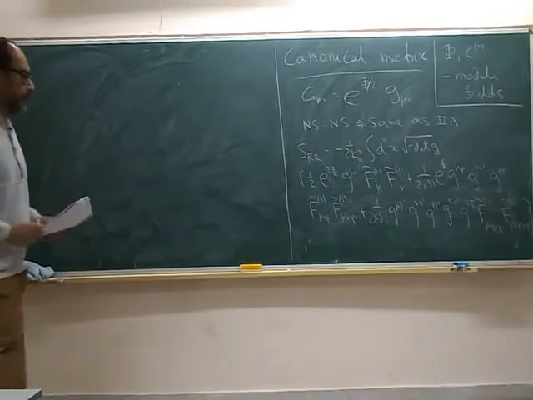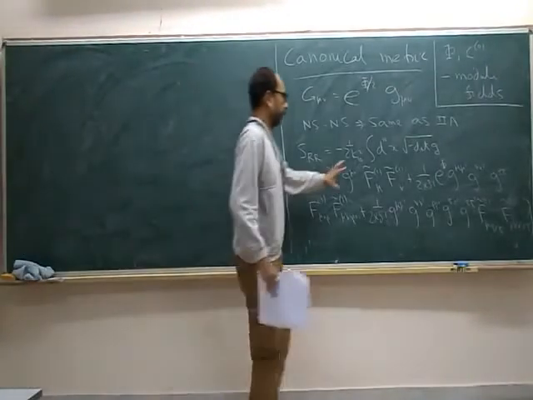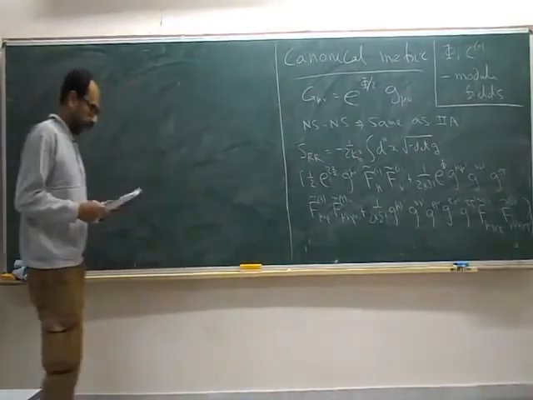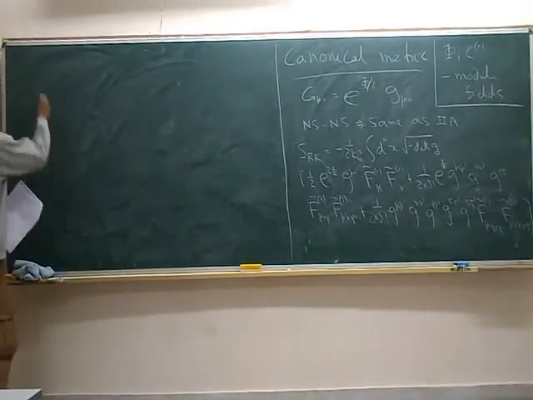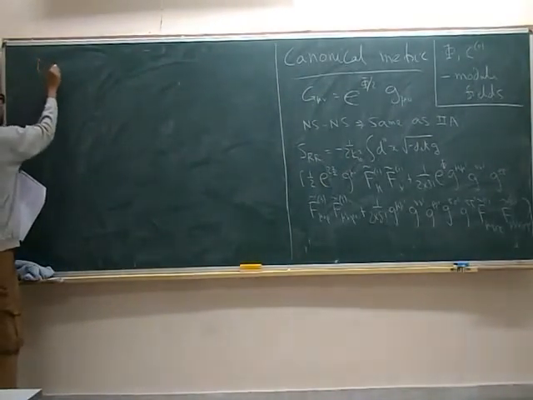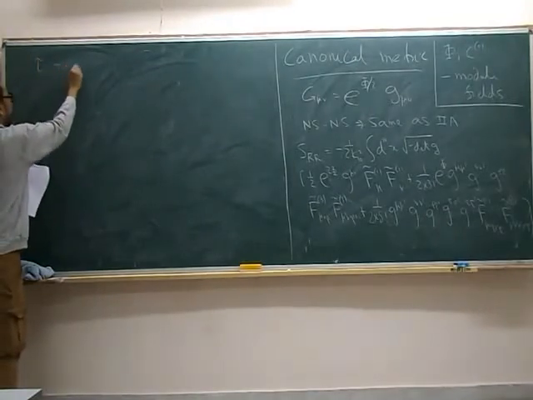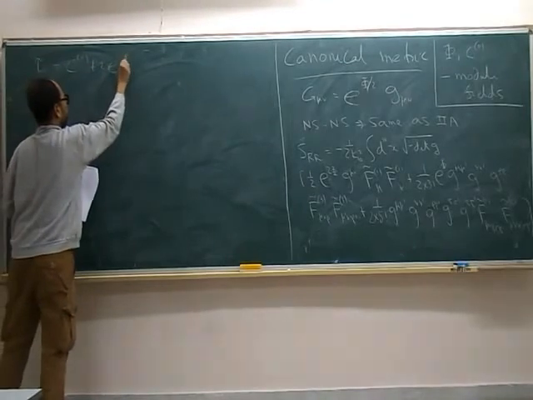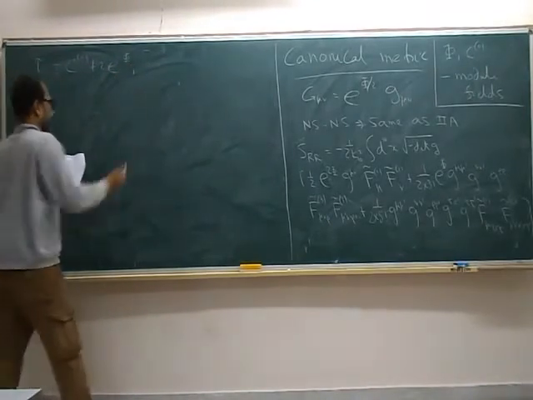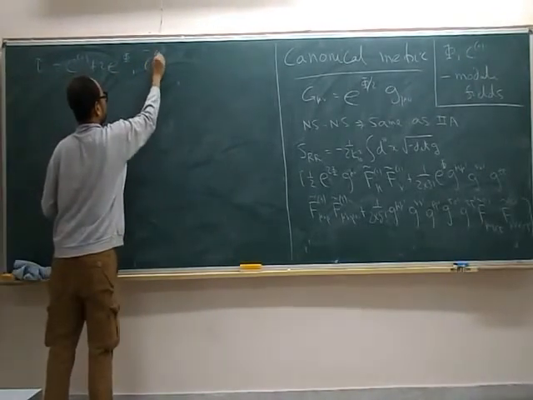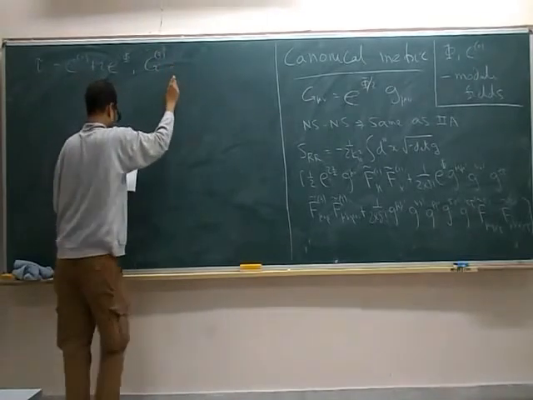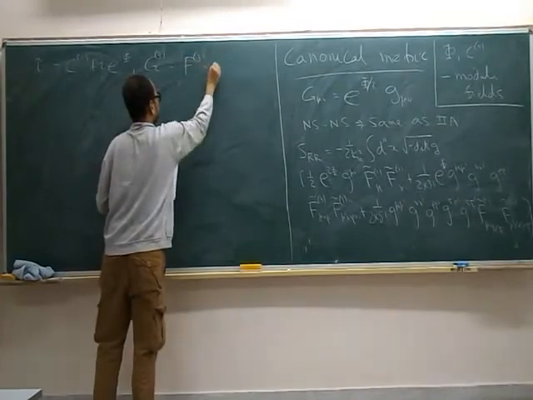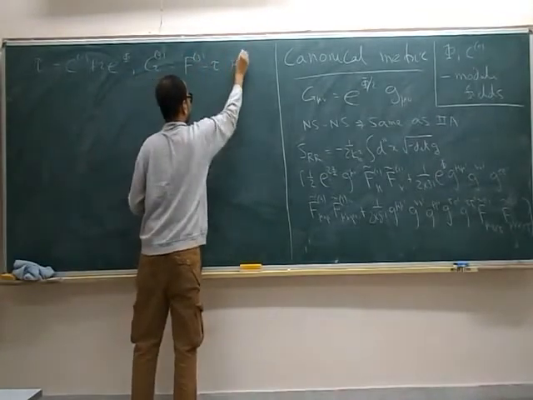It turns out that we can bring this whole action into a much more symmetric form by introducing a couple of redefinitions. So we define tau as C0 plus i e to the minus phi, and G3 as the 3-form, which is F3 minus tau H3.